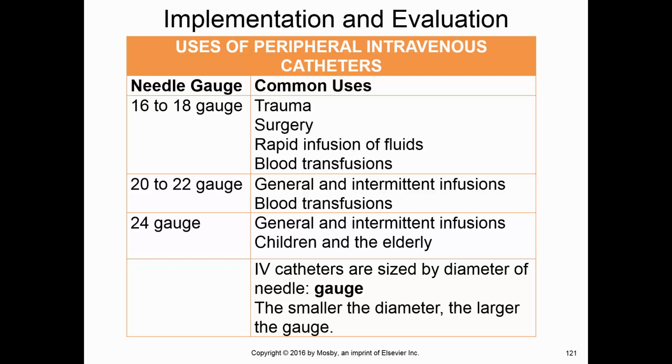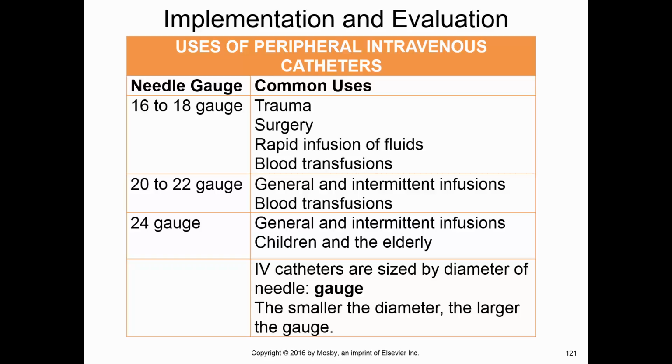So 18 gauge is the standard gauge that we use in OB because pregnant women who deliver are at huge risk for bleeding because they do bleed after delivery, and we're just hoping it's a normal blood loss. But if it's not a normal blood loss, like if they start hemorrhaging, we need to get lots of fluids in and maybe even blood in. So we need a big catheter.